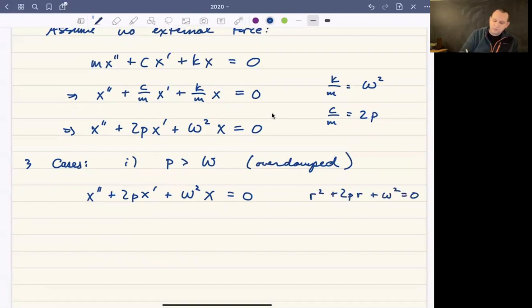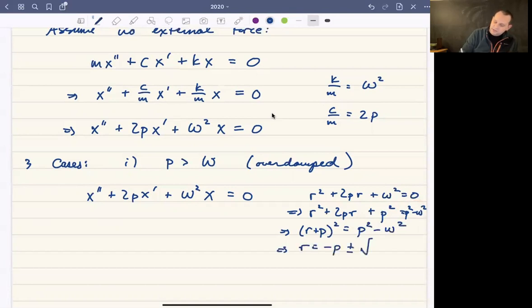And if we complete the square, we have r squared plus 2pr plus p squared equals p squared minus omega squared. If p is greater than omega, then this quantity will be positive, and therefore we have r plus p quantity squared equal to p squared minus omega squared. So that tells us that r is negative p plus or minus the square root of p squared minus omega squared.